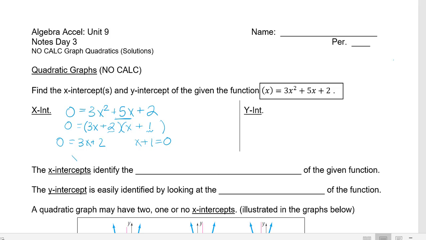So our two solutions are negative 2/3 and negative 1. When we write those two solutions, those roots, we write it as an x-intercept, or as that ordered pair, x and then y.